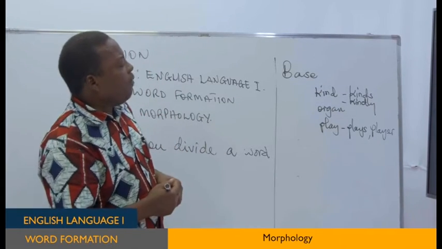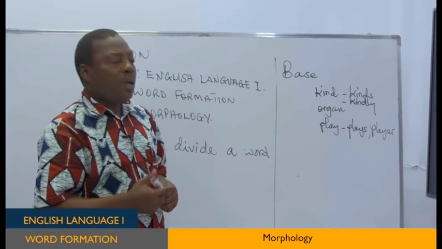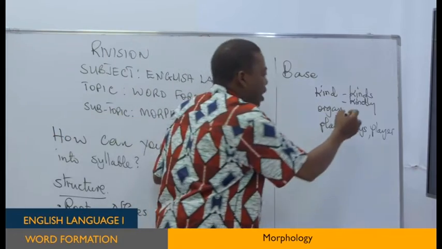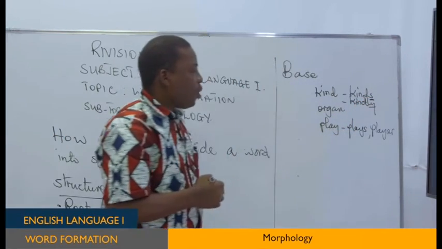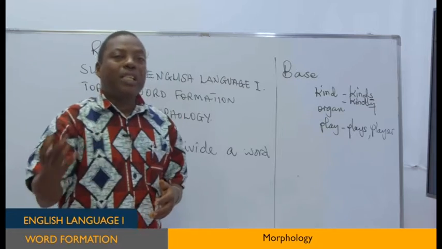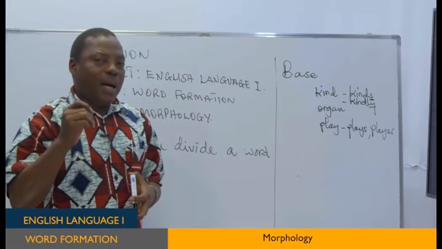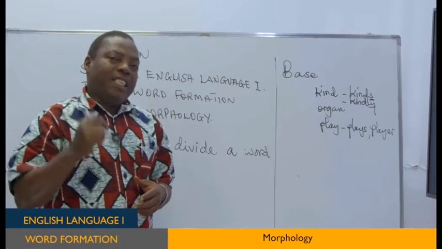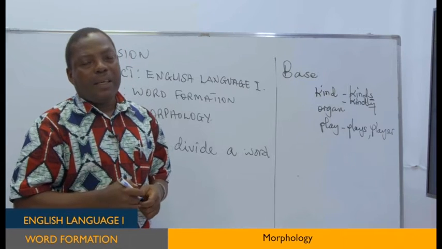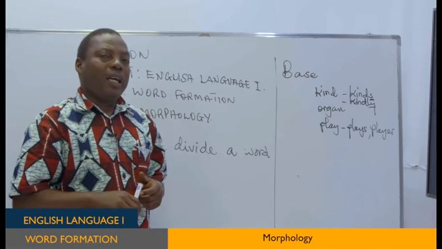When I talk about inflectional and derivational, I simply mean that an attachment, either at the end or at the beginning, once it changes the word class, that becomes derivational. But if it doesn't change the word class, that becomes inflectional.